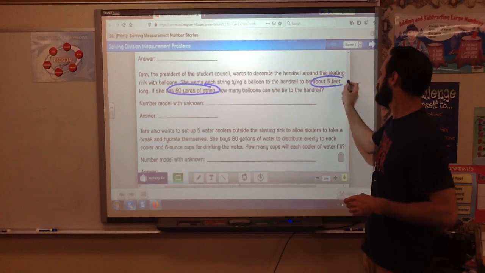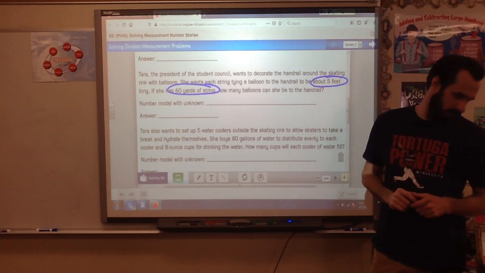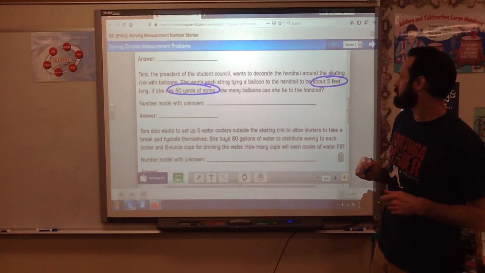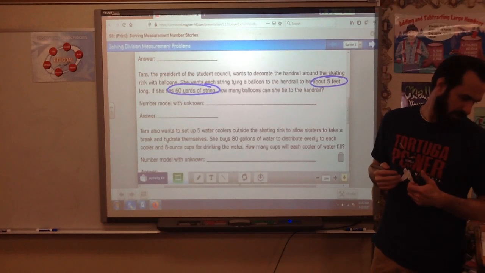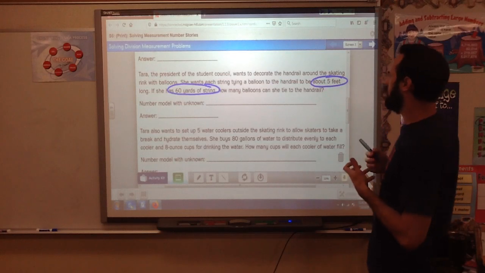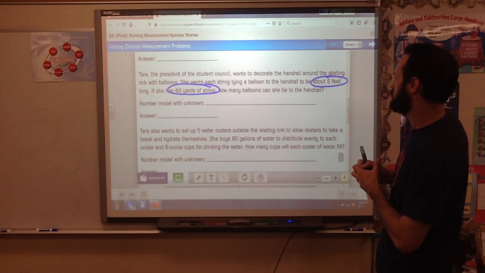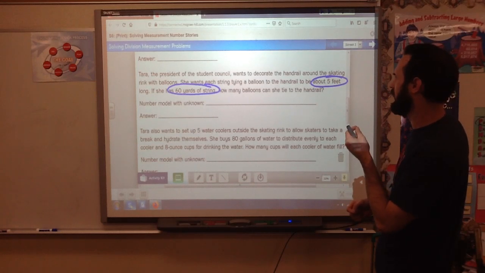She wants them to be about 5 feet apart. And taking a look at this, I don't know what I'm missing here because it doesn't tell us how much string she wants to put on the balloon that I can see.